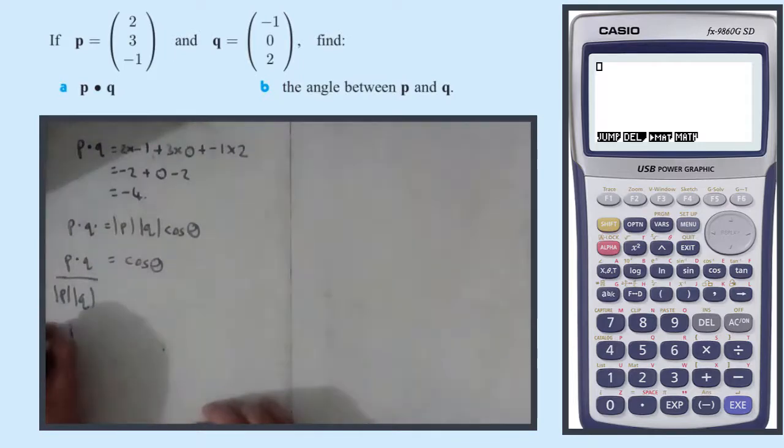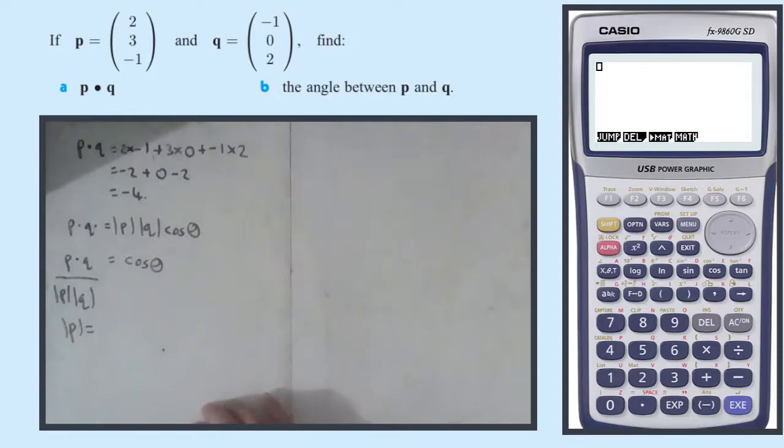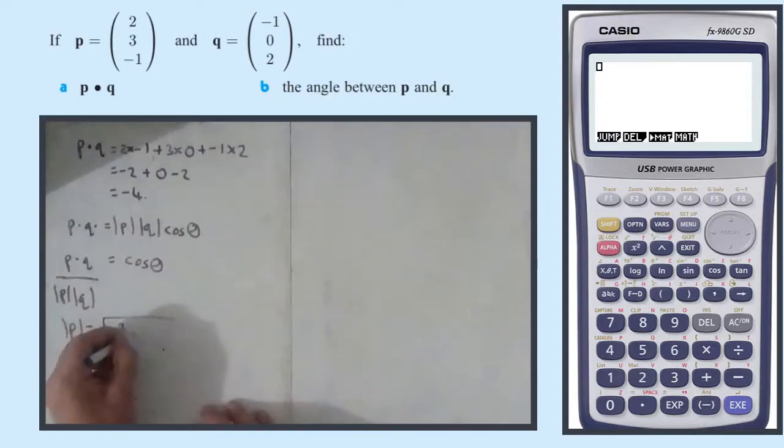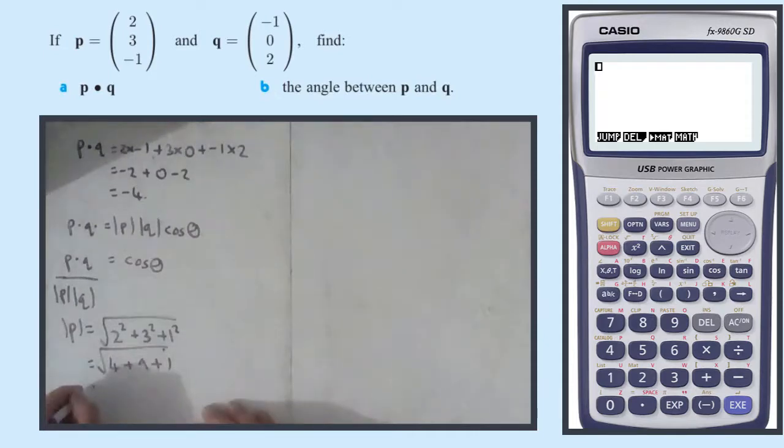So the modulus of P is going to be the square root of 2 squared plus 3 squared plus 1 squared. 2 squared is 4, 3 squared is 9, 4 plus 9 plus 1, the square root of all of that equals root 14.